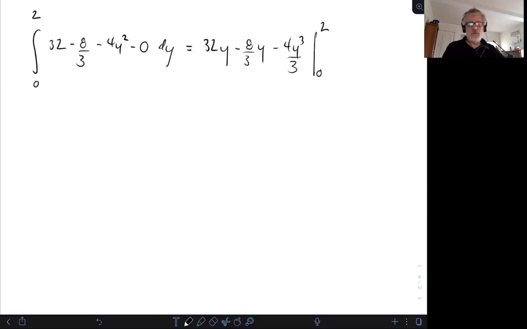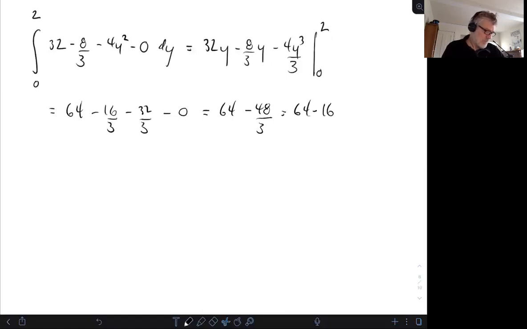I could have computed 32 minus 8 thirds first, it doesn't matter. And so this will be 64 minus 16 over 3 minus 32 over 3 minus 0. If you plug in 0 everywhere, you're going to get 0. So this is 64 minus 48 over 3, which is 16. And so this is 48 units, whatever.